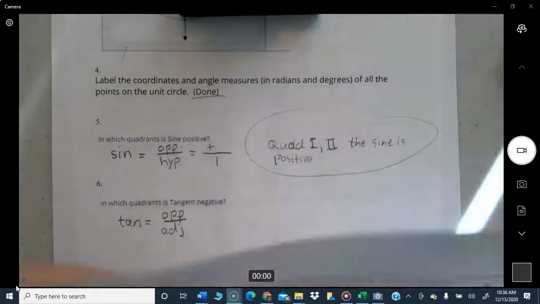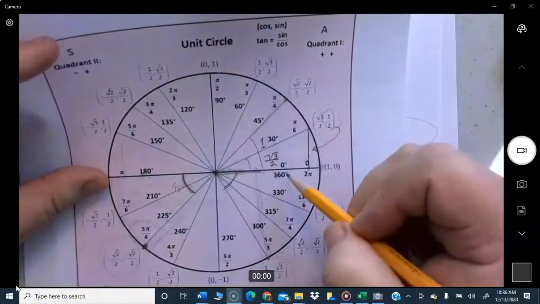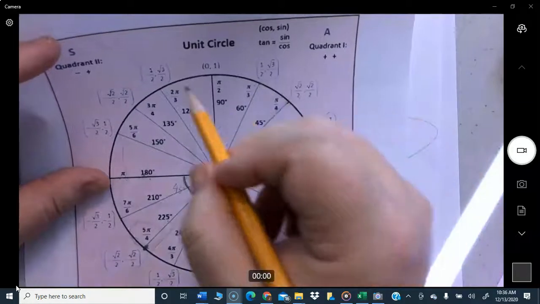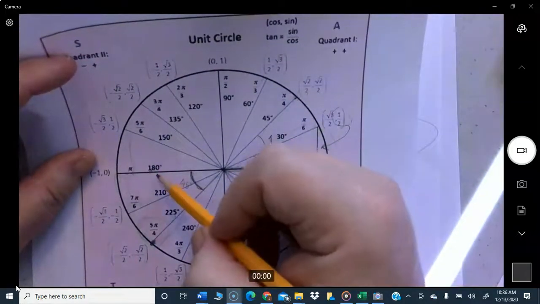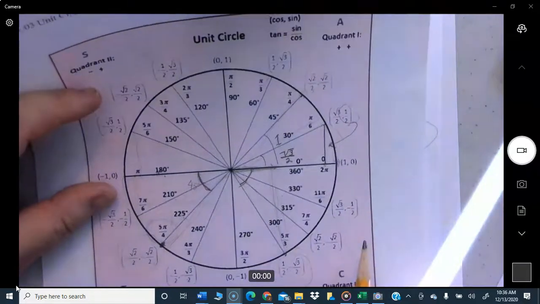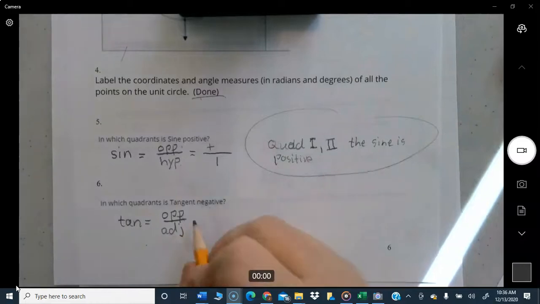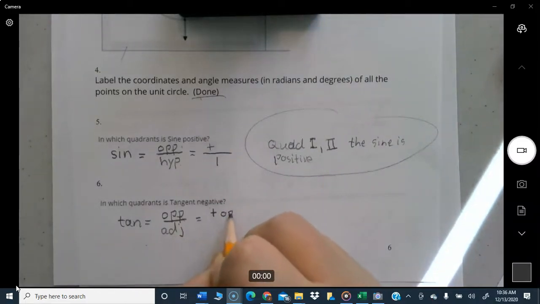All right, so come over here. So remember, the opposite of all these angles is going to be the up and down one. The second coordinate is the opposite all the way around the circle. Over here, it's going down. All right, so if it's going to be negative, then either you have a positive opposite over a negative adjacent.